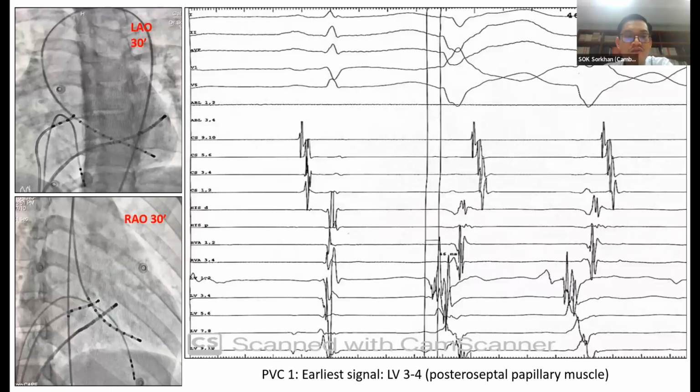And we put the LV catheter to map around the papillary muscle, and it shows us that the earliest signal is around LV12 and 34. We saw a small fragmented potential in LV34, so it's the posterior papillary muscle.